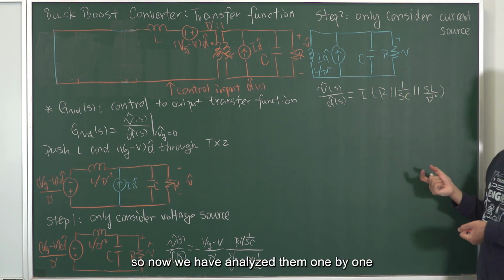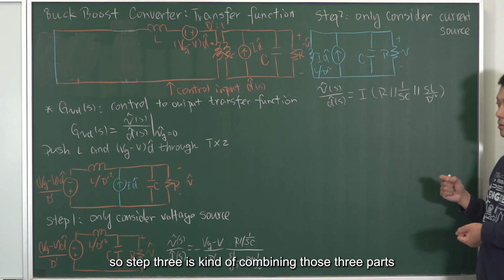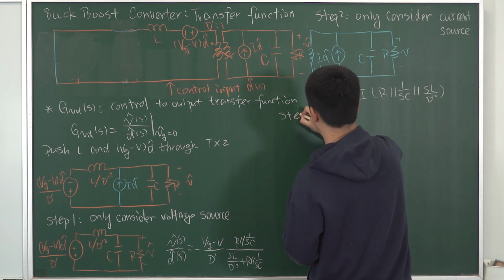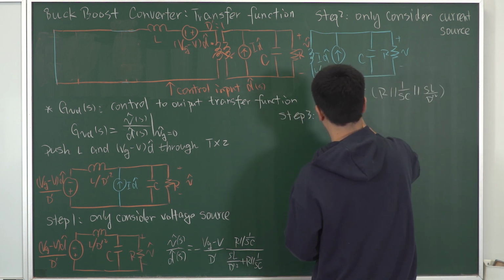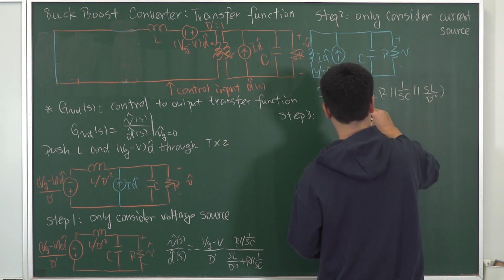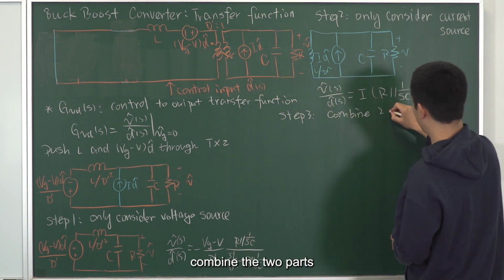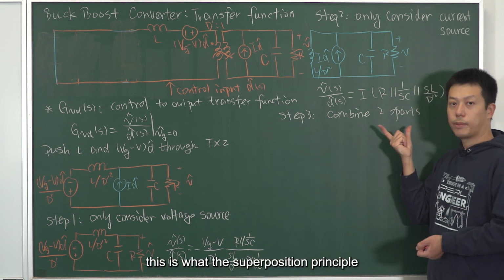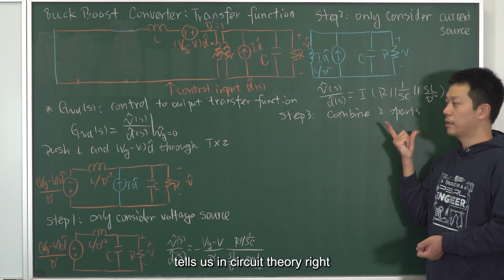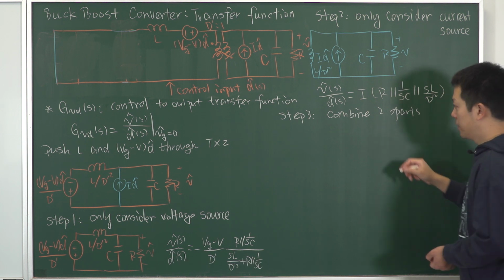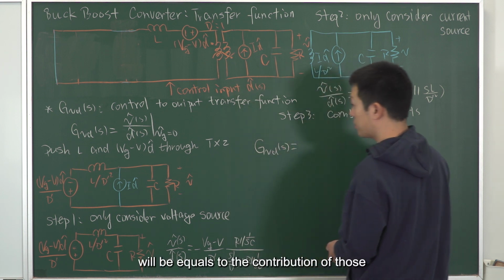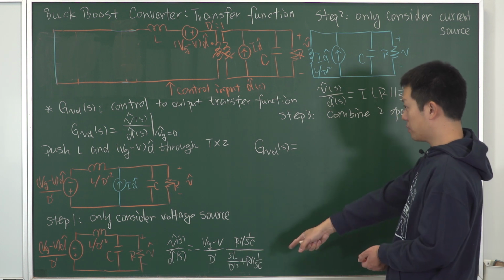So now we have analyzed them one by one. So step 3 is combining those 2 parts. This is what the superposition principle tells us in circuit theory, right? So the complete control to output transfer function will be equal to the contribution of those 2 parts.